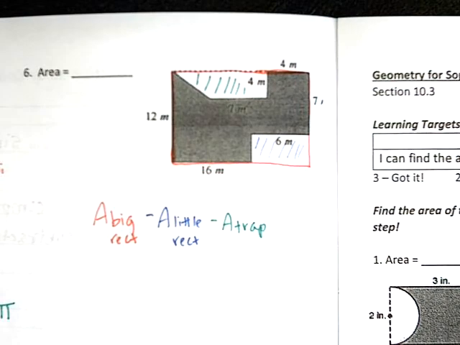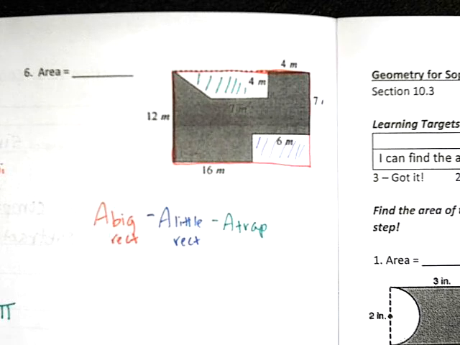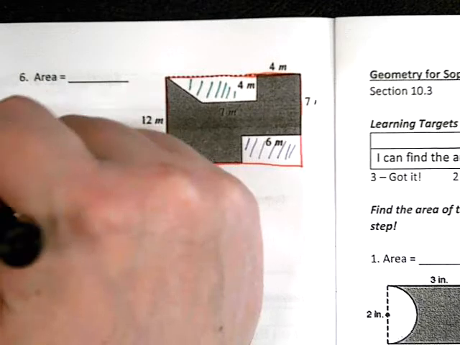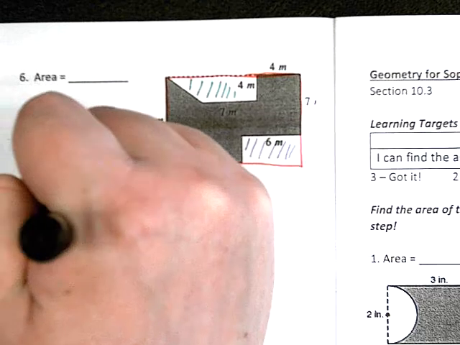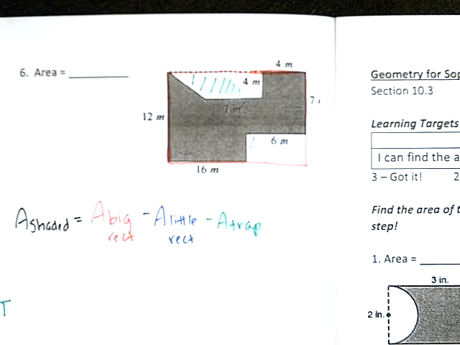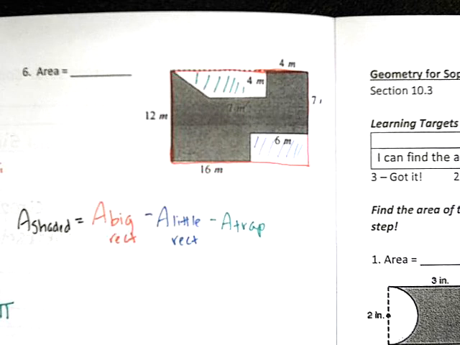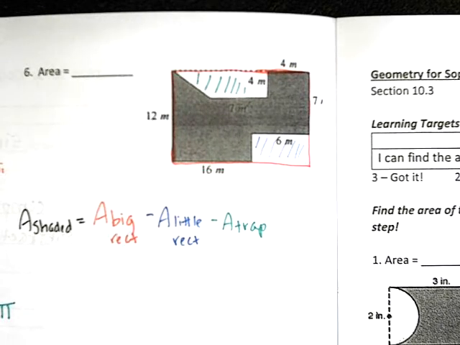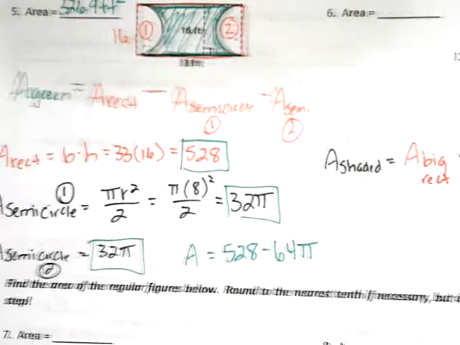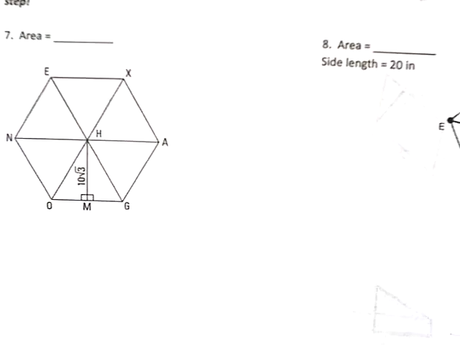So the area that is shaded that we're left with is what we're looking for. So area shaded is equal to the area of the big red rectangle minus the area of the small blue rectangle minus the area of the green trapezoid. So you guys are actually going to do that on your own. So take a second, give it a shot, and get the answer. And then we are going to move on to question 7.